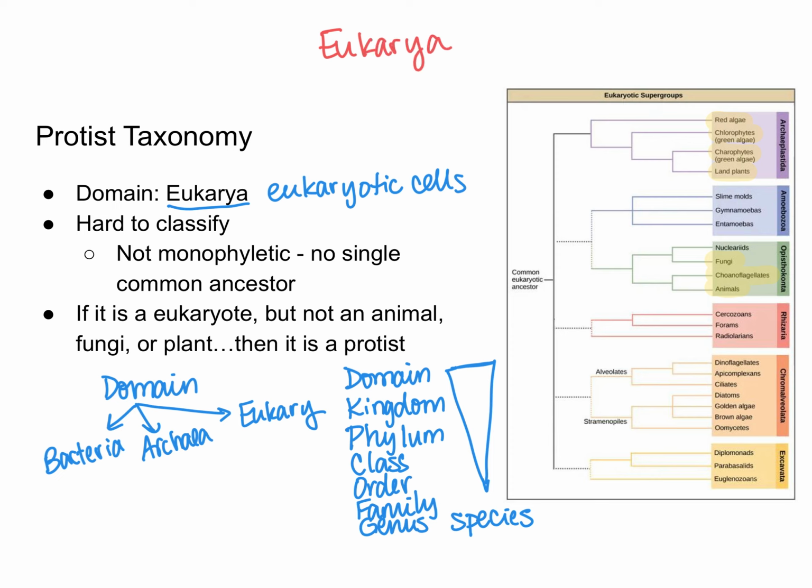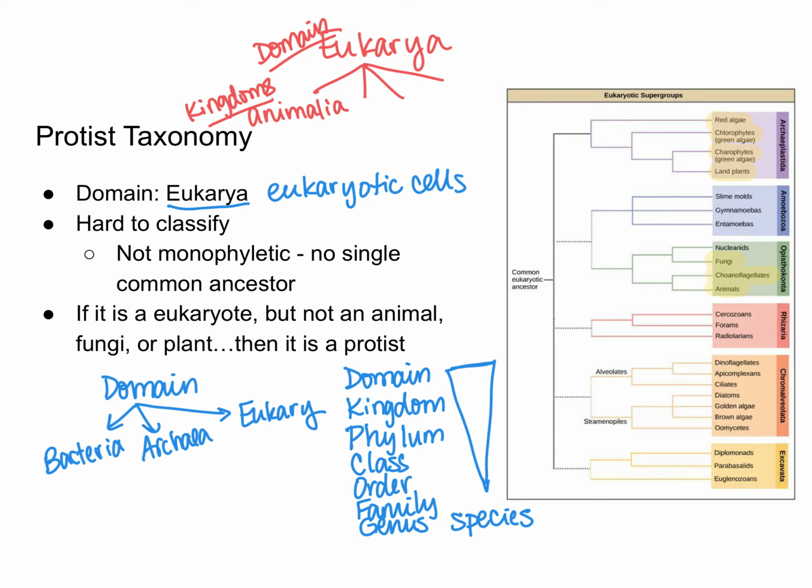Generally speaking, when we're talking about the domain Eukarya, we can divide that up into four kingdoms. There's kingdom Animalia. Remember, the Eukarya is the domain, and these are the kingdoms.